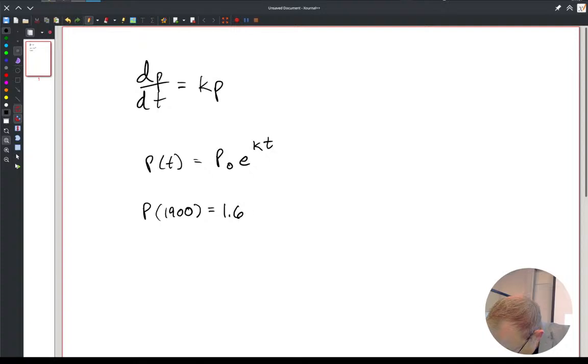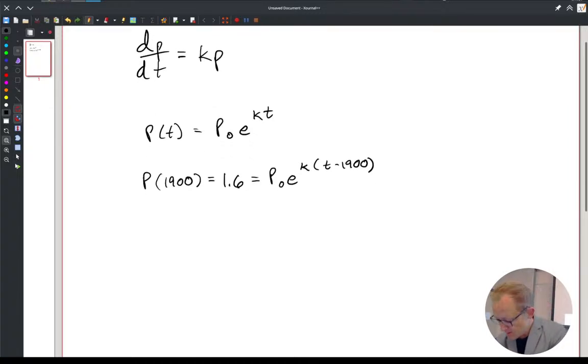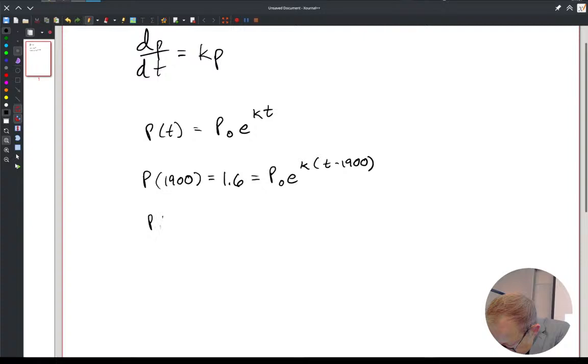So I'll call it 1.6, which is going to be this P0 e to the k times (t minus 1900). Just to make my life a little easier, shift this whole function as if e to the t is e to the (t minus 1900). So now P of t is that 1.6 e9. We can add that e9, right?